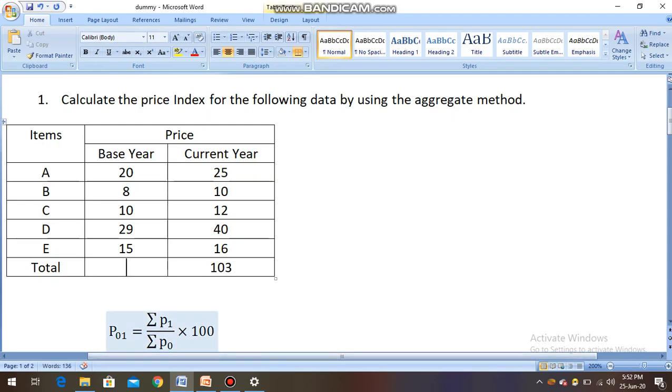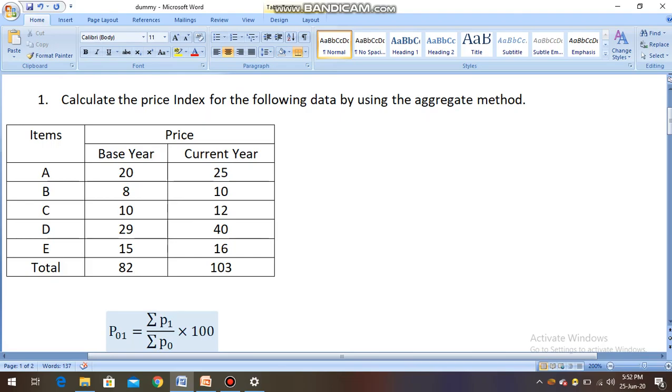Then we need summation P0, that is the total of price of base year, which is denoted as P0. So what is the total of price of base year, which is 82. That means you need to add the values or prices of these columns.